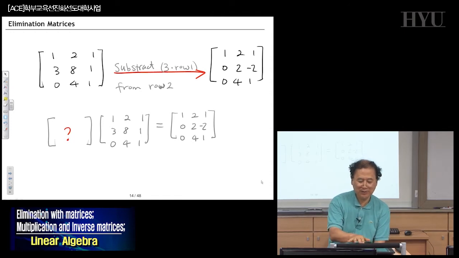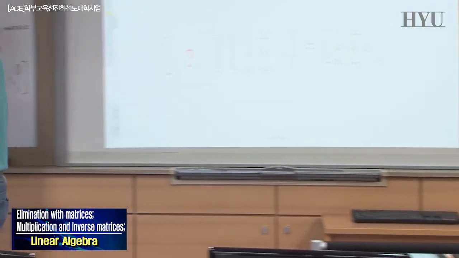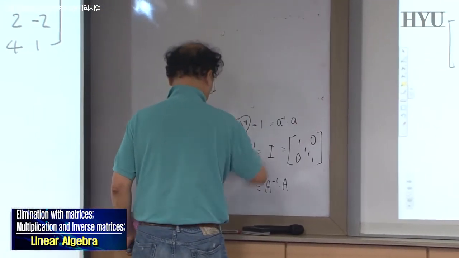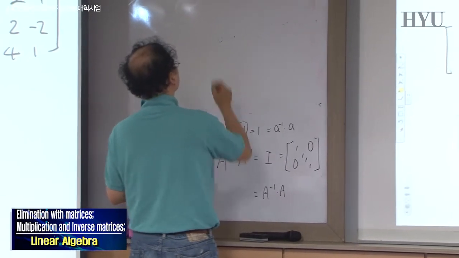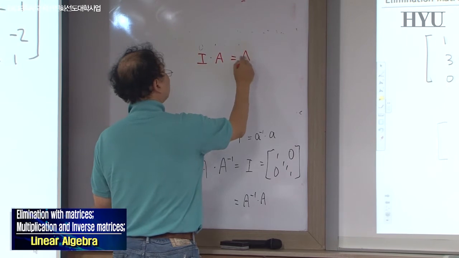Can you come up with this transformation by multiplying by another matrix on the left side? Let's put it this way: I times A is A, right?